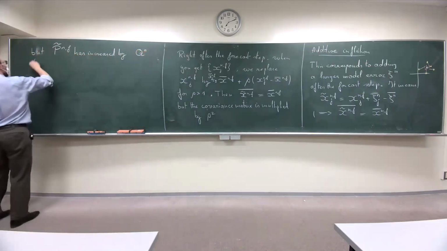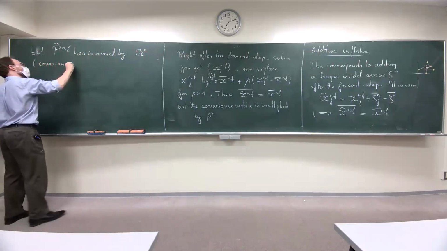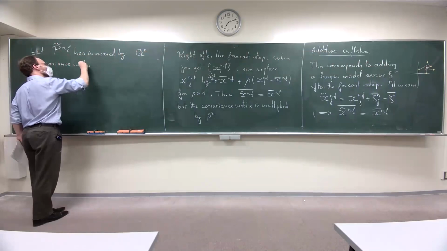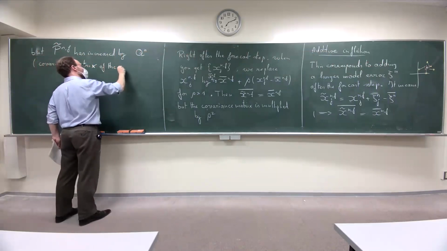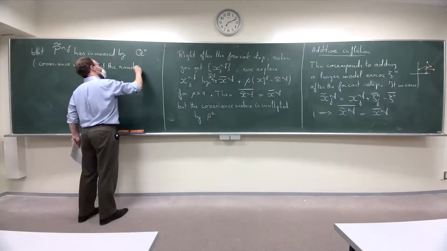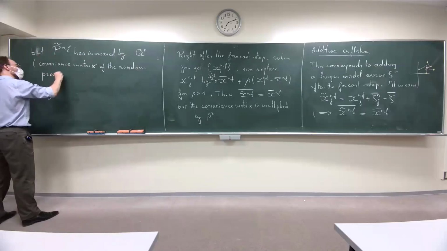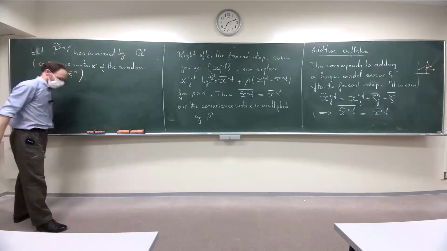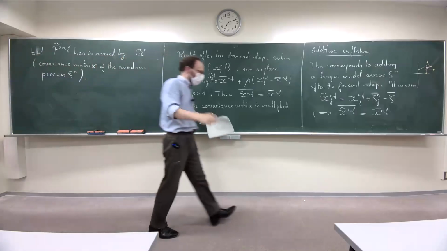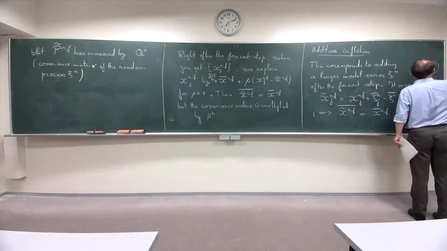This is the covariance matrix of the random process psi_n. So in this way, you increase again the spread or this covariance.